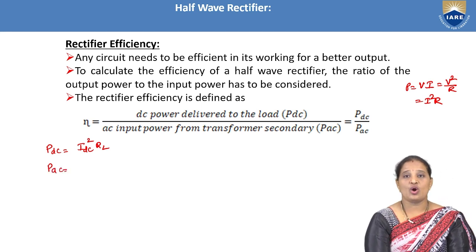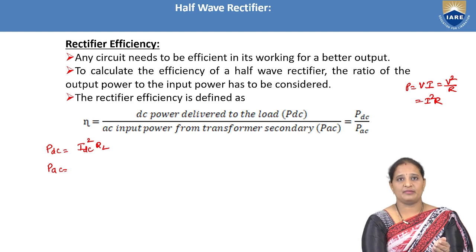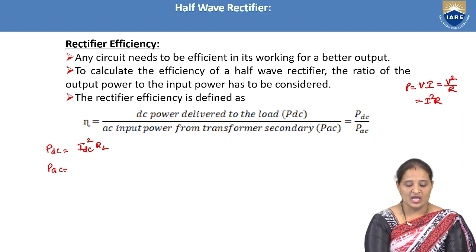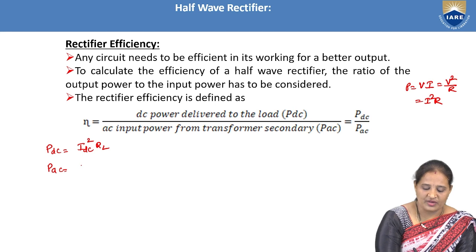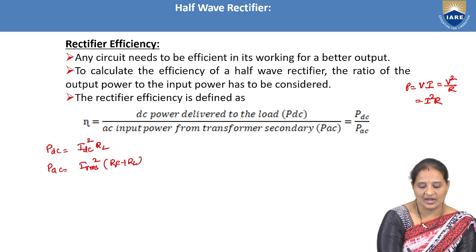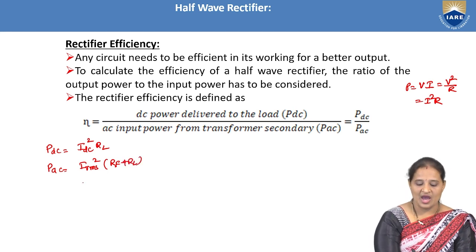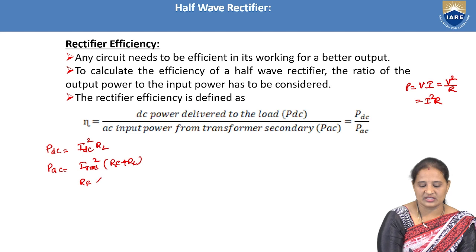Similarly PAC. I already told you AC is measured in terms of RMS value, whereas DC is measured in terms of average value or DC value. So here we can write this as IRMS square into RF plus RL, where we need to consider that RF is very much less than RL.